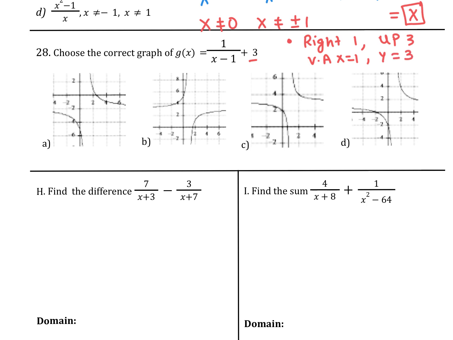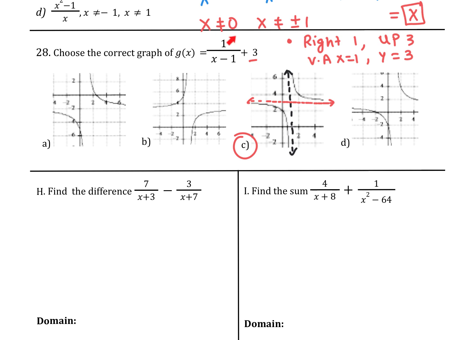If I draw the vertical asymptote at 1, so this would be the vertical asymptote at 1, and I will graph the 3 as well. That is the horizontal asymptote. So this is the 3 asymptote, and it looks like C is the one that is the graph for the given equation.